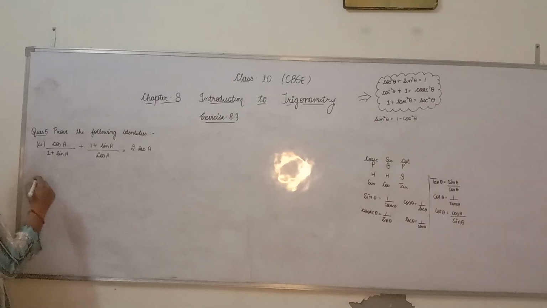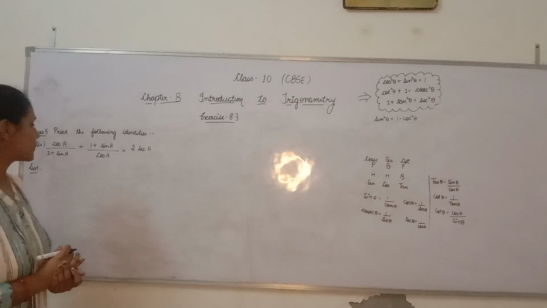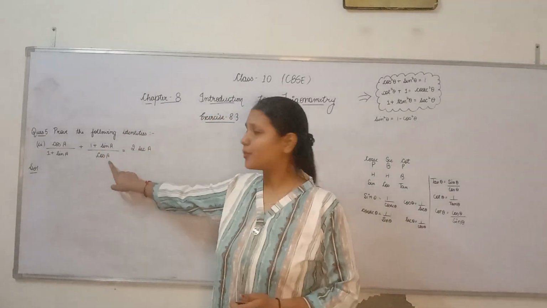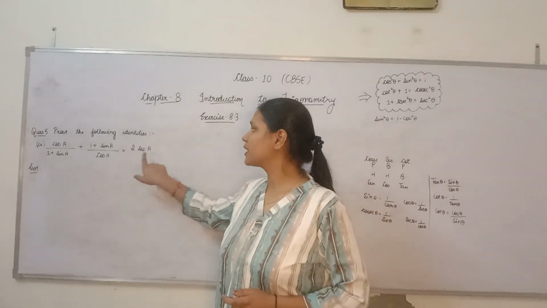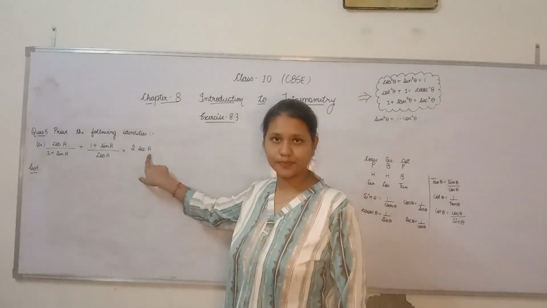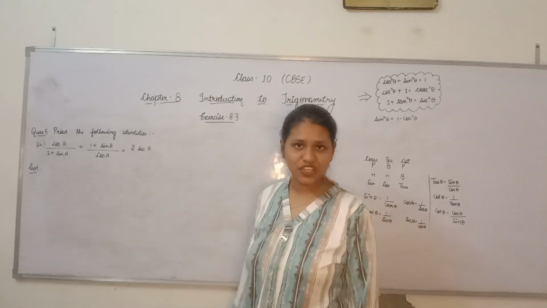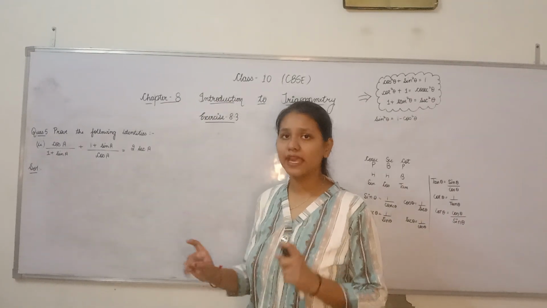In this question it is given that cos A upon 1 plus sin A plus 1 plus sin A upon cos A should be equal to 2 secant A. Again we will start with the left hand side of the equation and we will take the LCM.